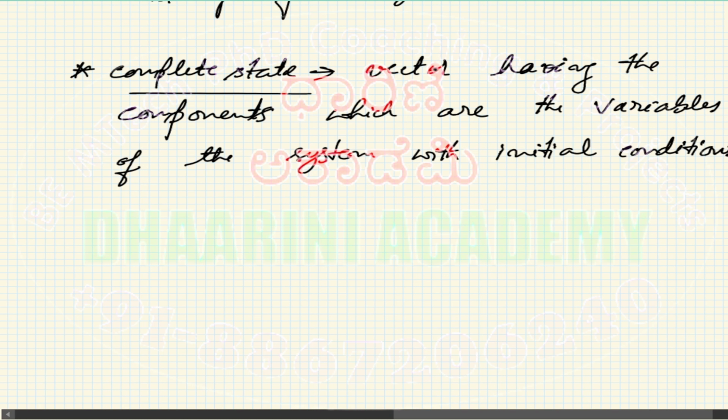In general, what is the notation given? It is capital X of t. So this particular vector is called a state vector.